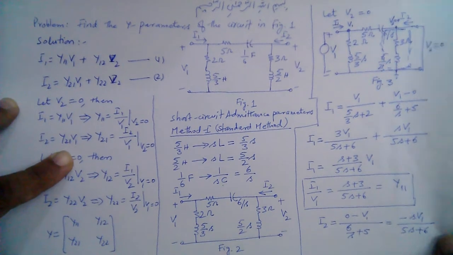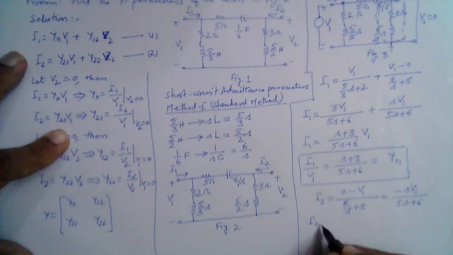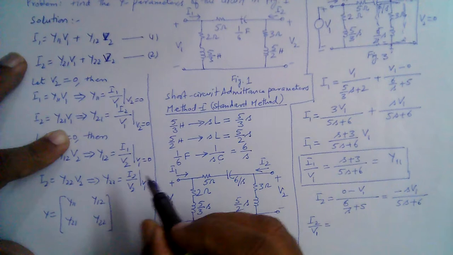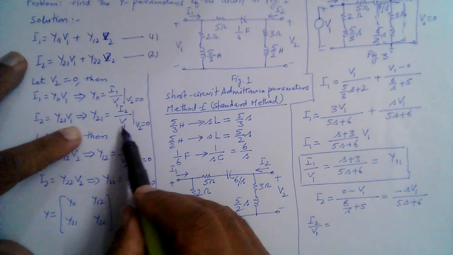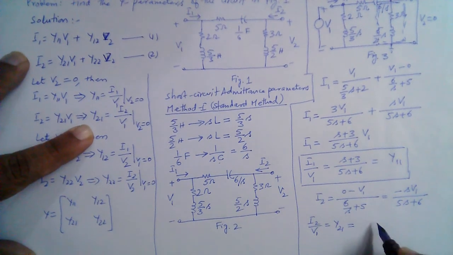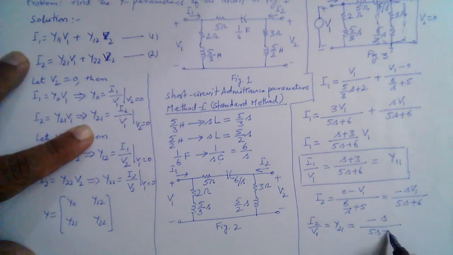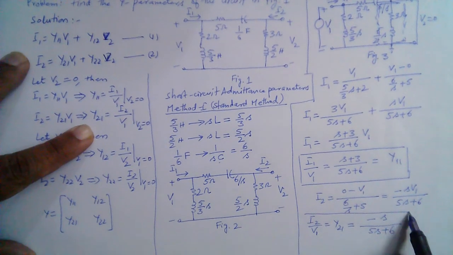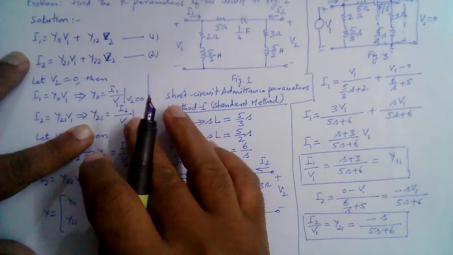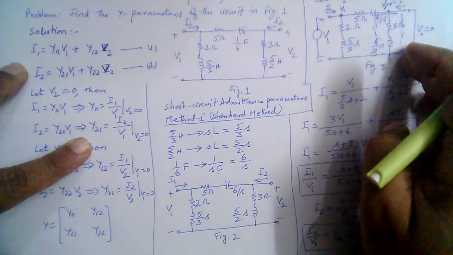But that is I2 over V1, and I2 over V1 gives us this parameter Y21. So Y21 is equal to minus s over 5s plus 6. So we have found out two parameters by letting V2 equal to 0 and short circuiting the output port.